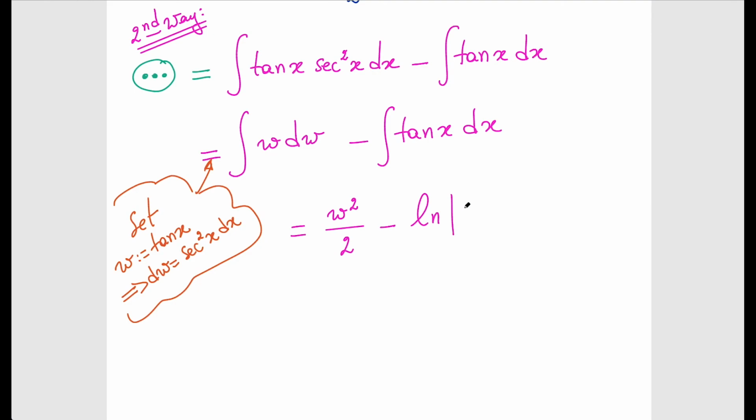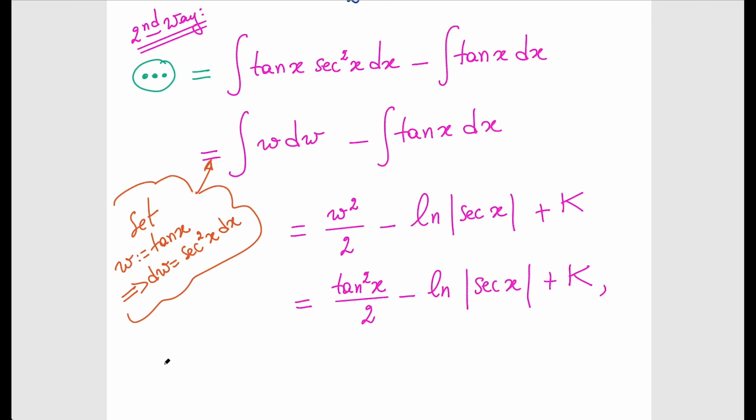It's ln of the absolute value of secant of x, plus some constant of integration k. So this is equal to tangent squared x over 2 minus ln of secant x plus k, and keep in mind that k is an arbitrary constant in R. Correct?